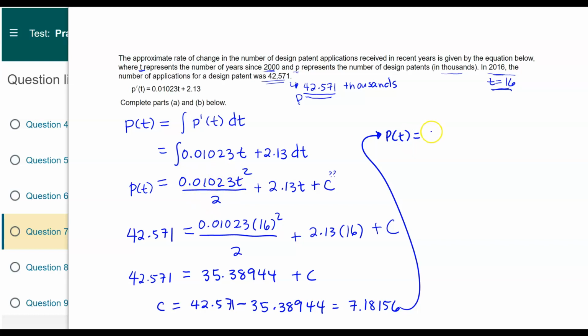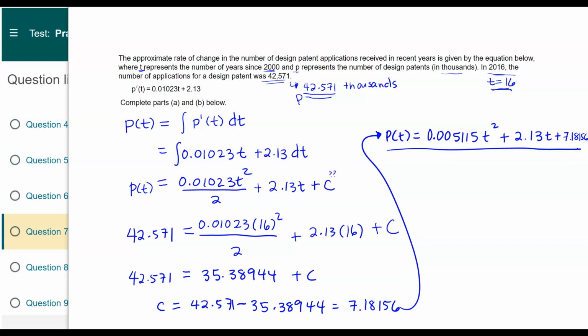The coefficient for t squared will then be 0.005115 t squared plus 2.13 t, and for c I'll use that value, 7.18156. So this is what you would input as your answer for part A.